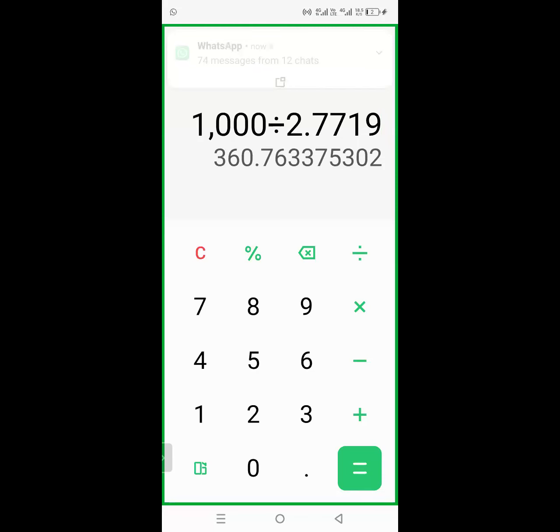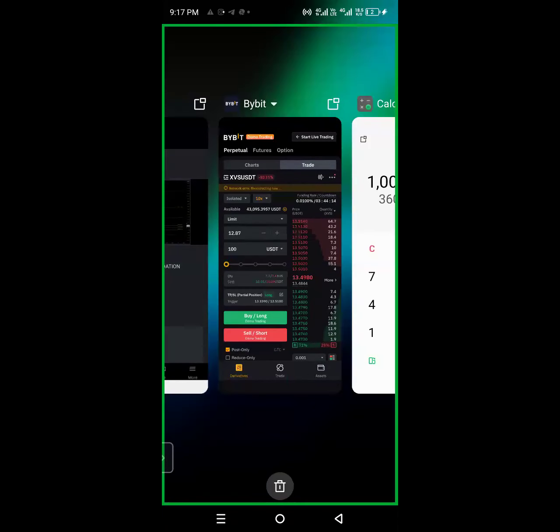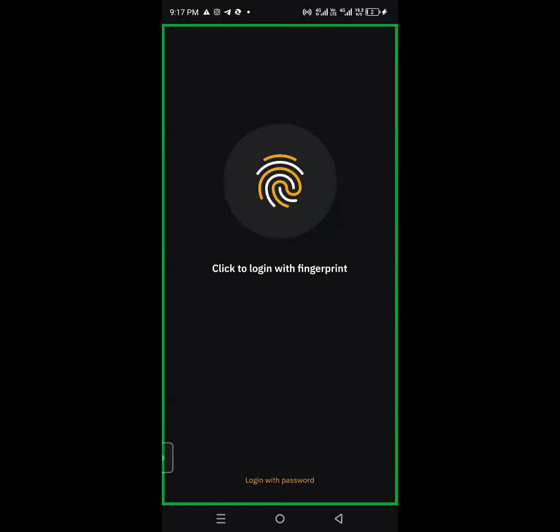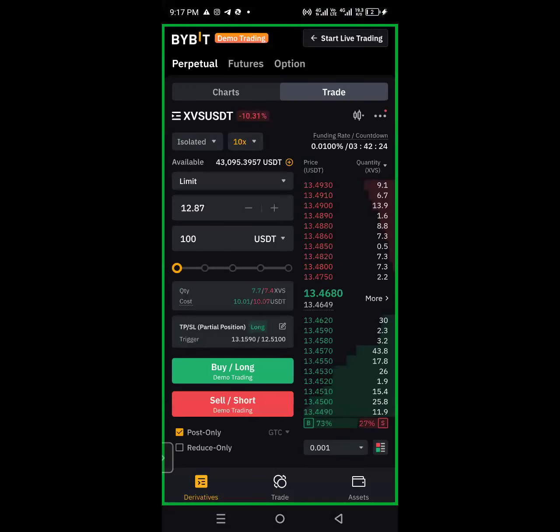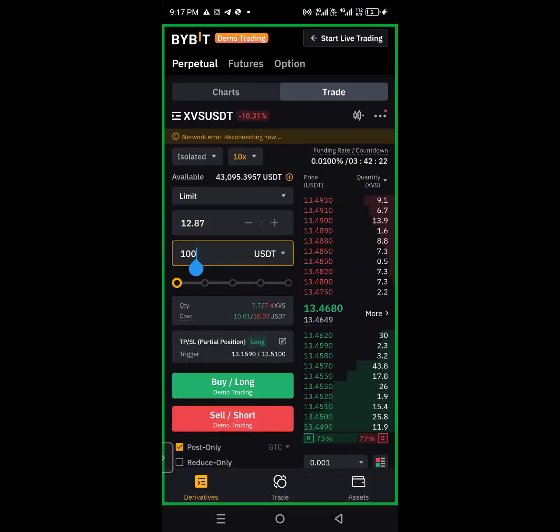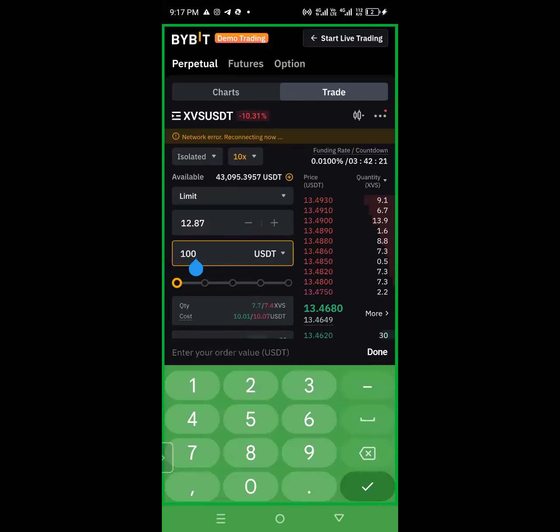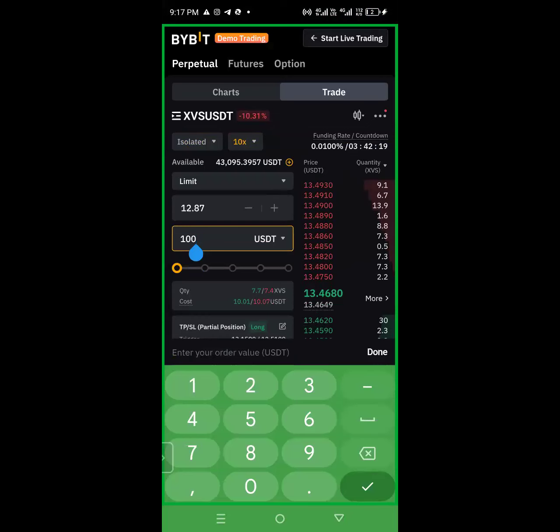So now I'll go to Bybit and change my standard order value. Remember that our standard order value was 100. Now I'm going to change the standard order value to what?